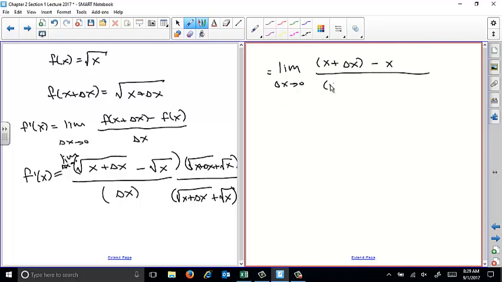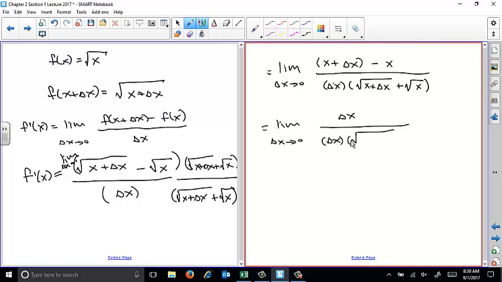The denominator stays the same: delta x times the square root of x plus delta x plus the square root of x. And the simplification part is eliminating x, which is what we want. So we get delta x divided by delta x times the square root of x plus delta x plus the square root of x.